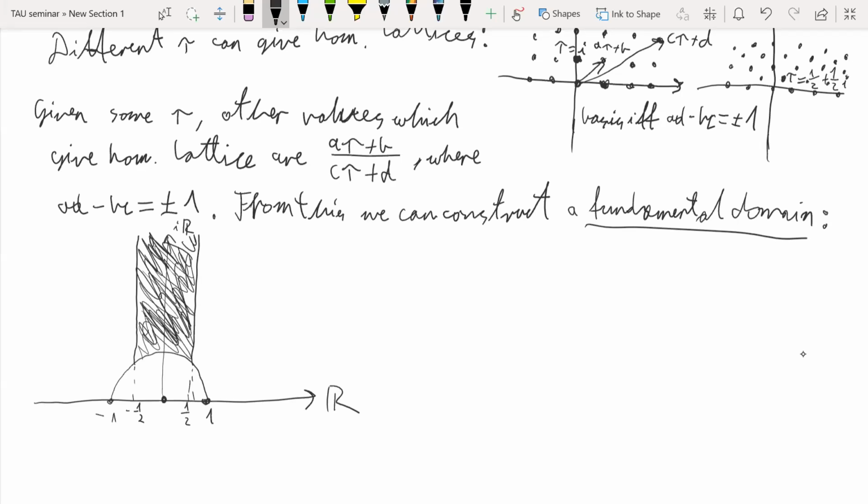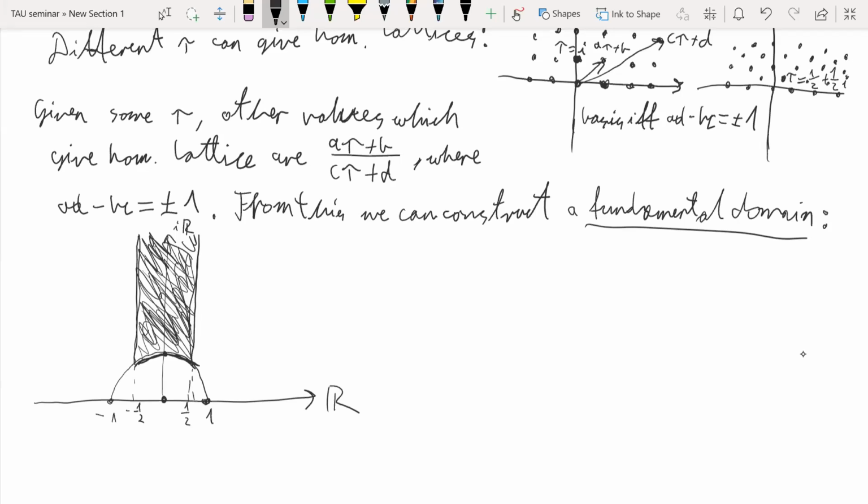And the way you have to identify the edges is basically you have to fold this whole thing in half. So first you have to identify this edge with this edge, and then you have to also identify this arc with this arc, going this way. So this point here is fixed, and then we identify what's on the 2 sides of it.